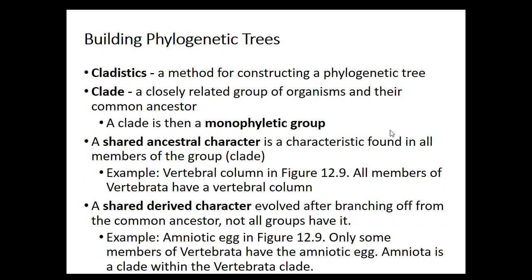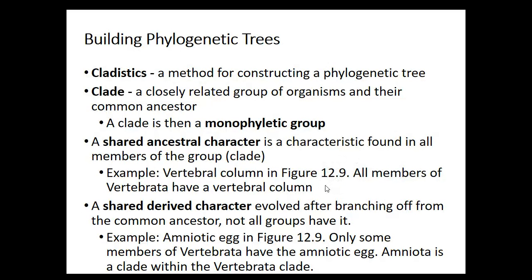And so the ancestral character is a characteristic or a trait that is in all of the organisms, including the common ancestor. A derived character is any one of those characteristics that appeared since then.